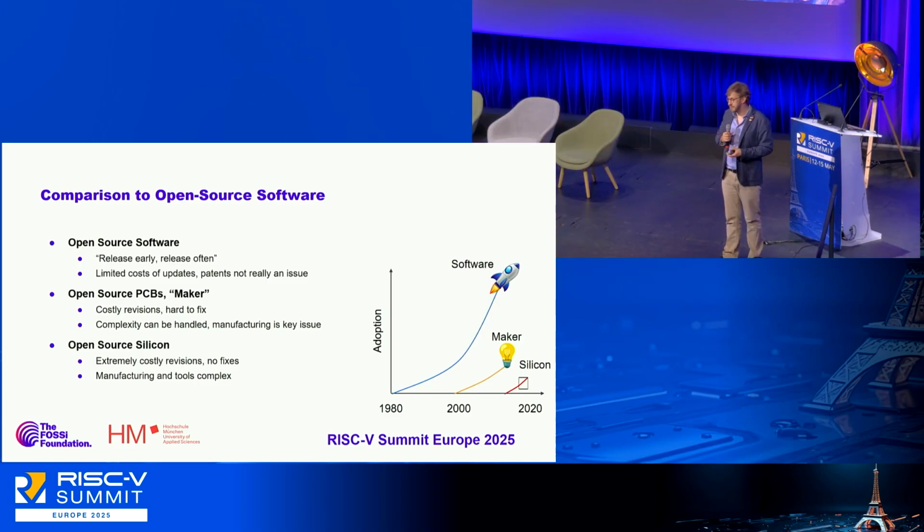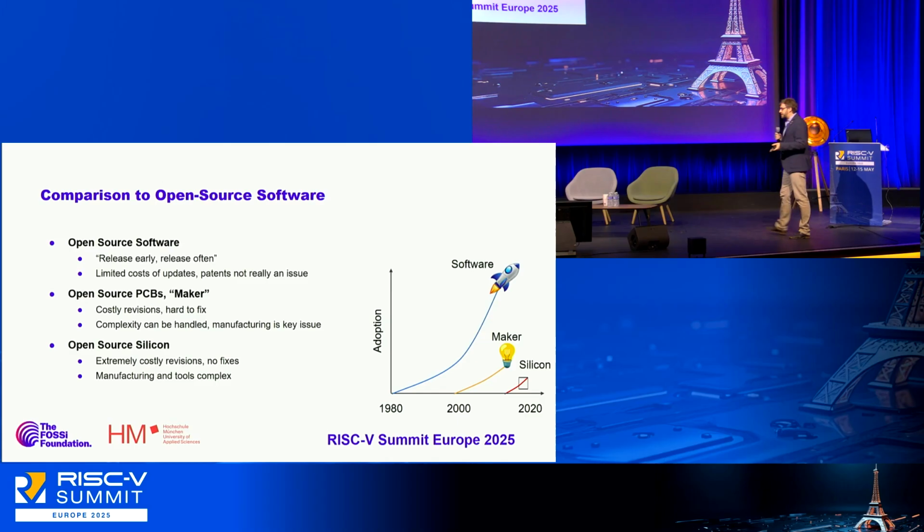The complexity of chip design makes it very hard to have a vivid open source community where everyone can just come in, build their chip, modify it, etc. That's very different, but I would still think there's a good trajectory that would follow the other trajectories.